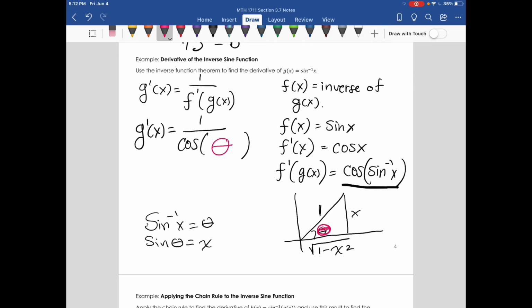So now if I take the cosine of this angle, I'm going to replace sine inverse with the angle. That's this angle here. And if I find what the cosine of that angle is, the cosine is adjacent over hypotenuse. So I end up getting in the denominator the square root of 1 minus x squared.